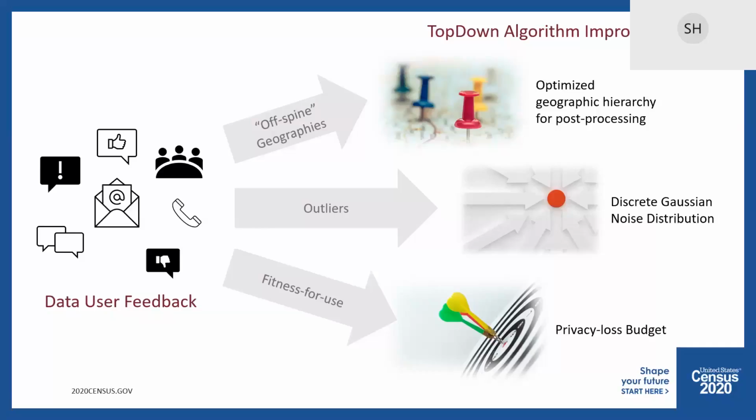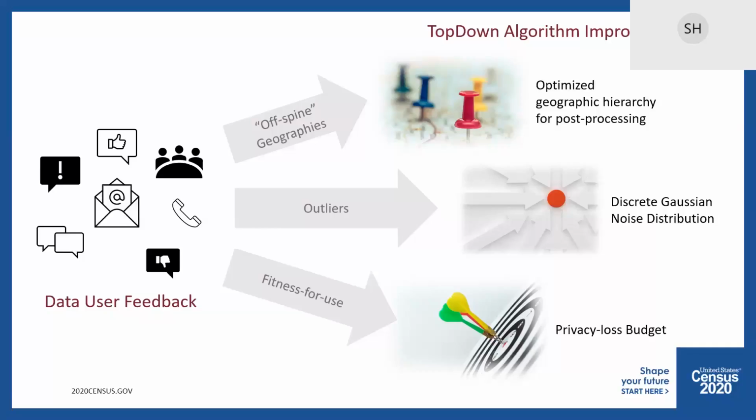And we kept it there to enable us and our data users to identify kind of algorithmic problems that might be occurring that might be distorting the resulting data. And so we held it there so that people could compare demonstration product to demonstration product over each release to see the improvements that we were making to the algorithms.